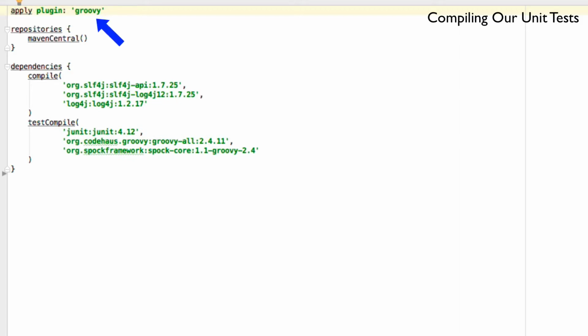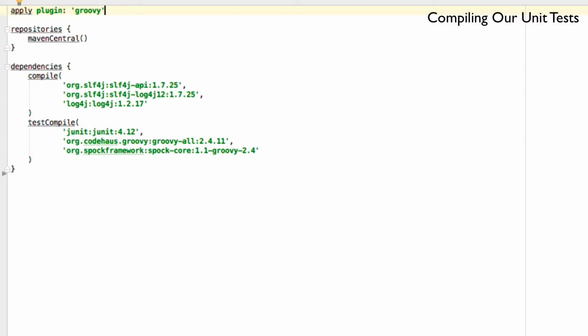Because the Groovy plugin extends the Java plugin and adds Groovy-related tasks, dependency configurations, directories and configuration properties to our Gradle build, we don't have to configure any additional source or resource directories.